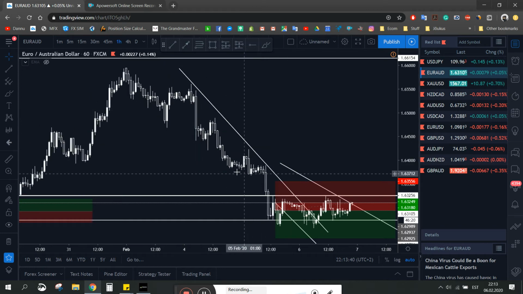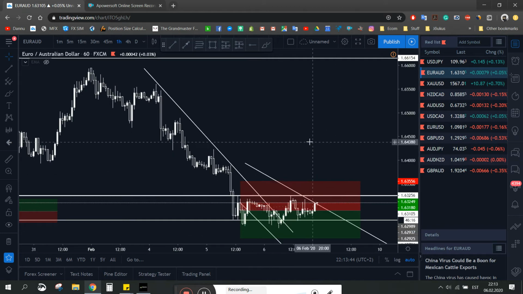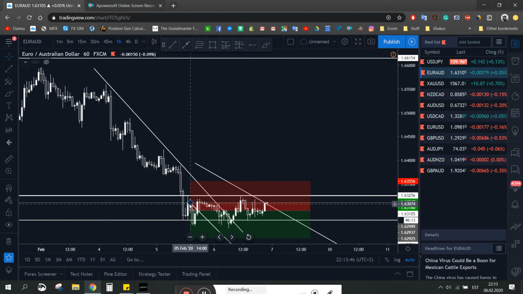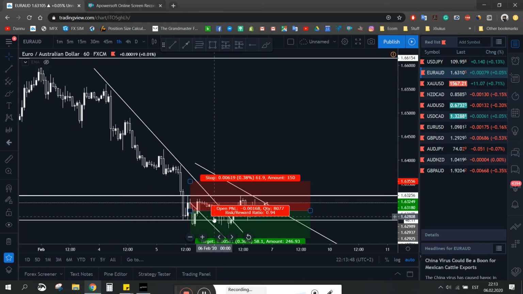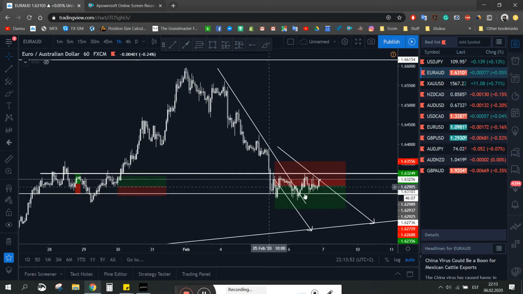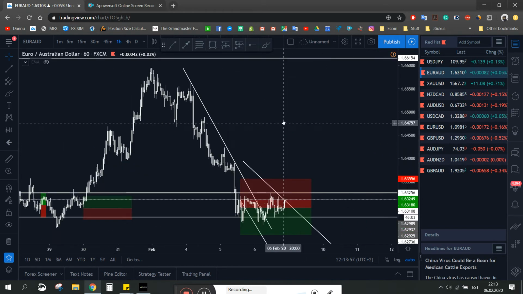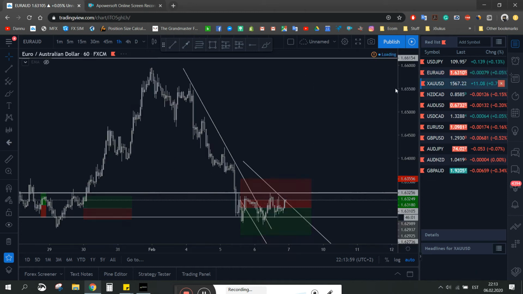So I just thought I might sell it to the trend line. It looks like it's raining a lot. We'll see how that goes. I'm currently in this trade.